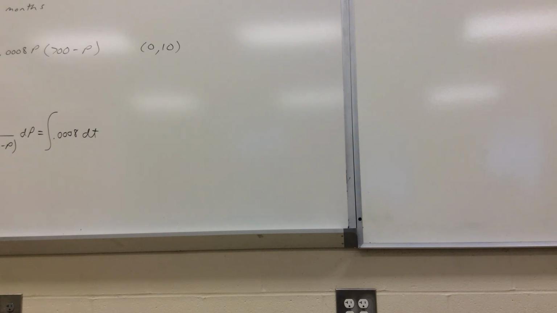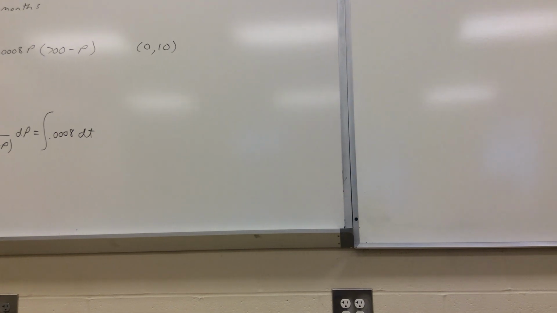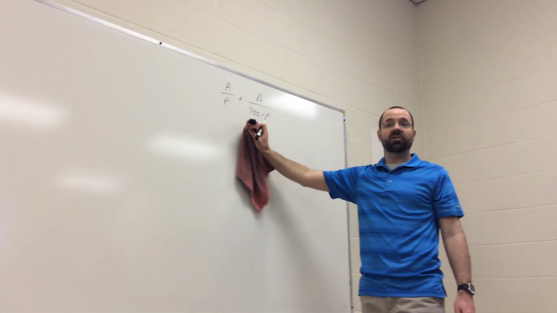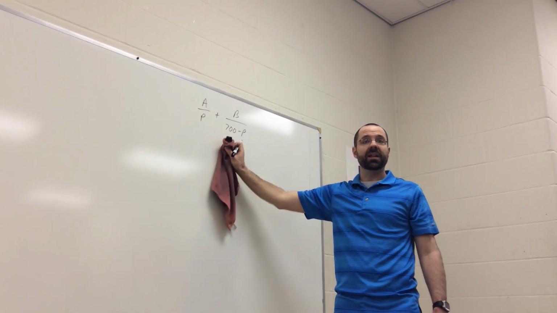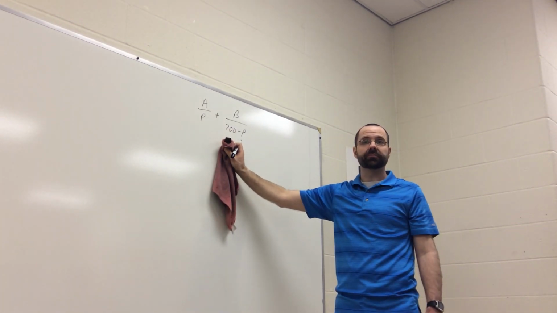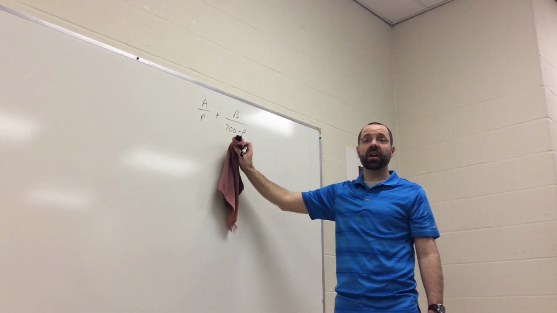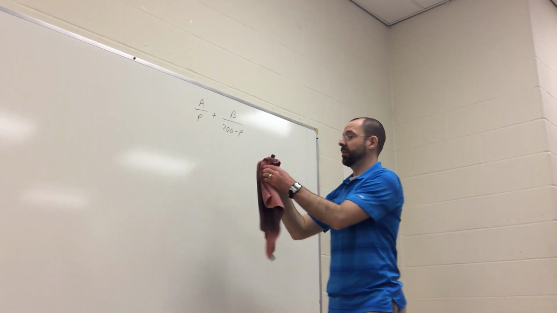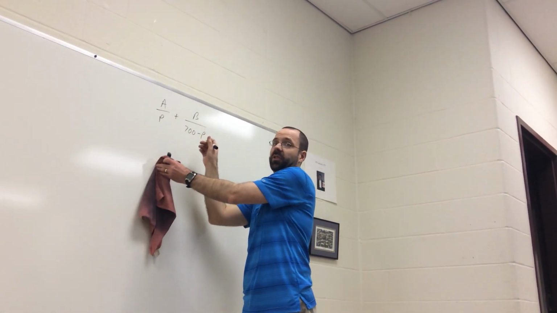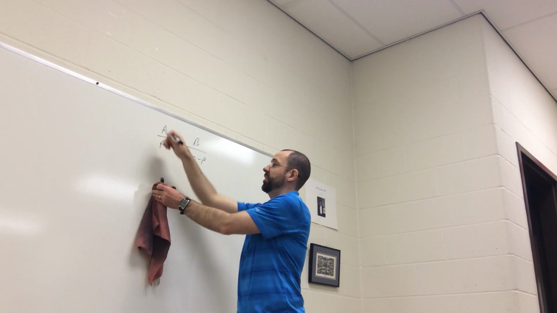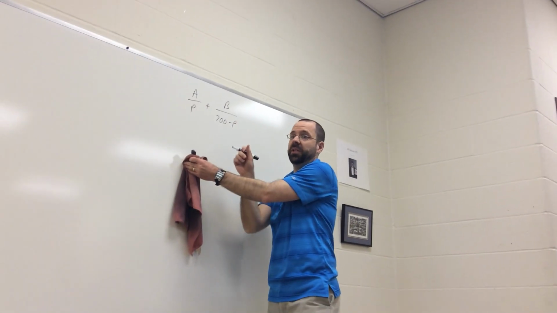What we're trying to do is figure out what these two fractions would be to add up to be what we have. So in order to do that, we're going to get a common denominator. The common denominator would be P times (700 minus P). I need to multiply this one by (700 minus P) over (700 minus P).